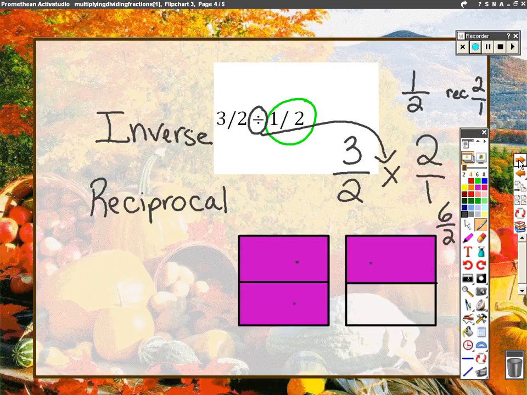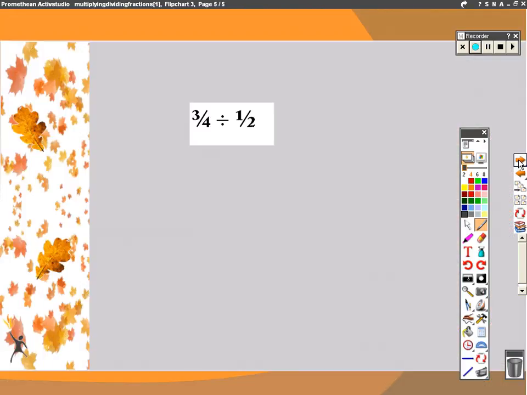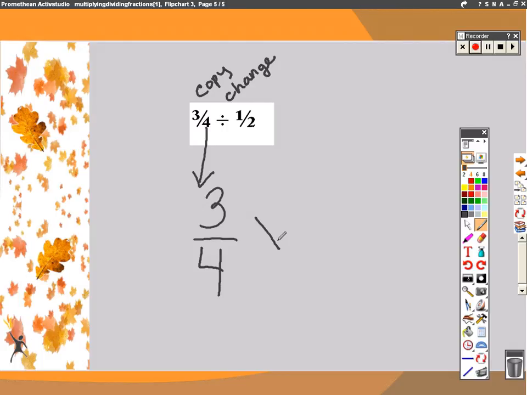Okay, let's look at the next example. 3/4 divided by 1/2. So remember, we always keep the first fraction. So we're going to copy that. Let me copy it correctly. 3/4. I'm going to change to the inverse operation. So the opposite of dividing is multiplying.